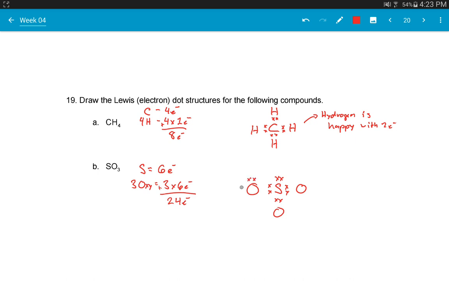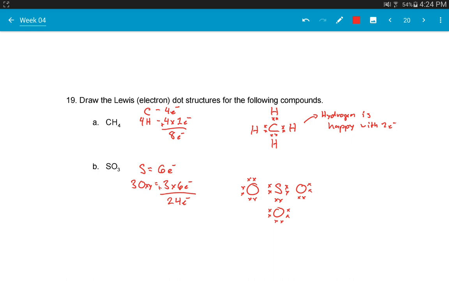So 1, 2, 3, 4, 5, 6, 7, 8, 9, 10, 11, 12, 13, 14, 15, 16, and this last oxygen is shy a few electrons. But I have a lone pair, a pair of electrons that's not involved in bonding, that's sitting on the sulfur. Let's put them to work.